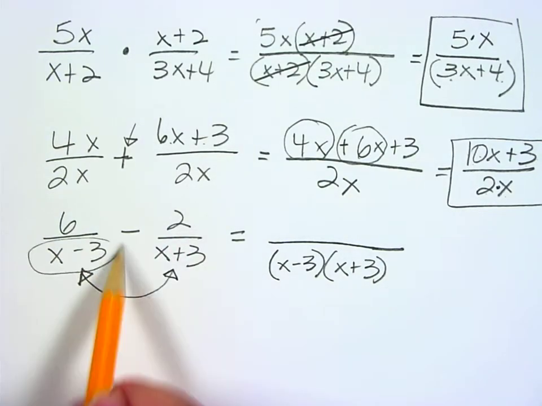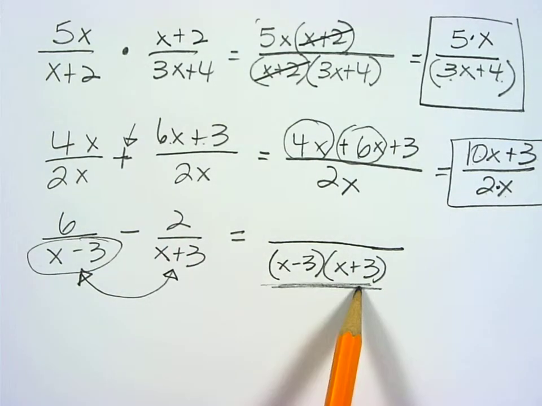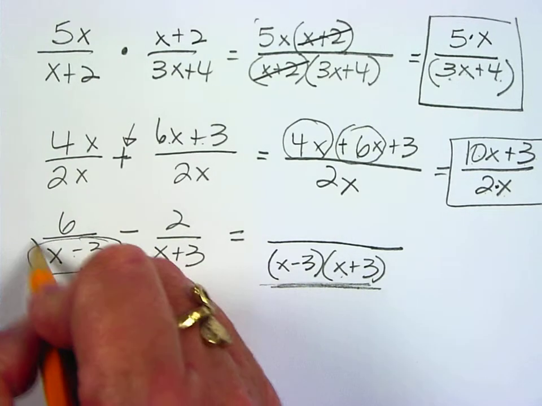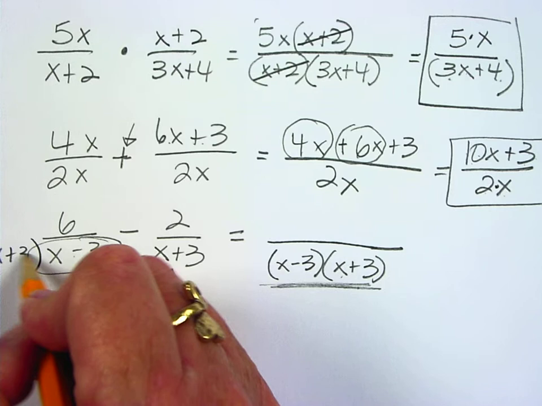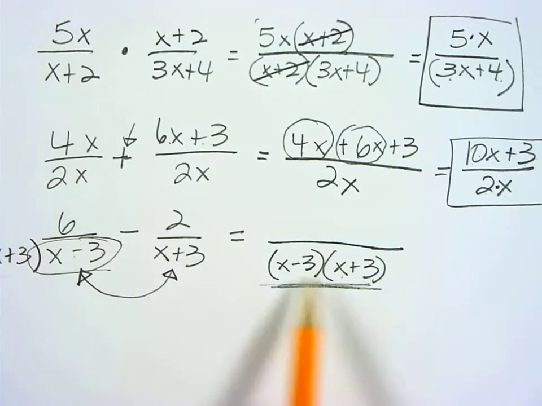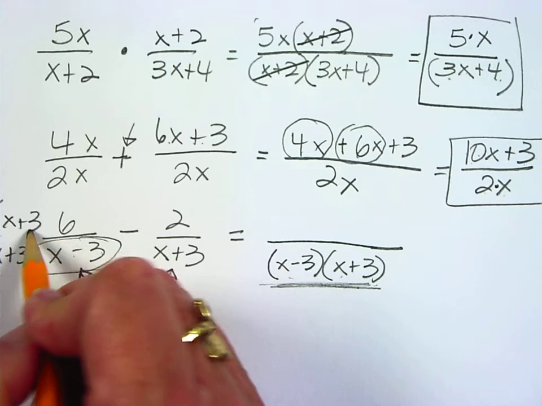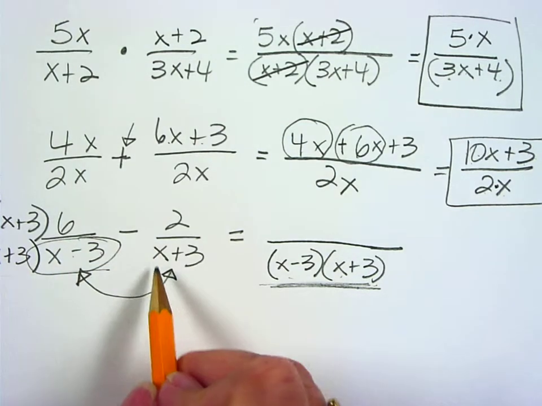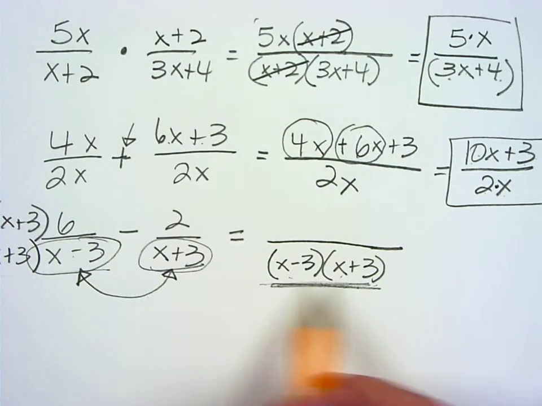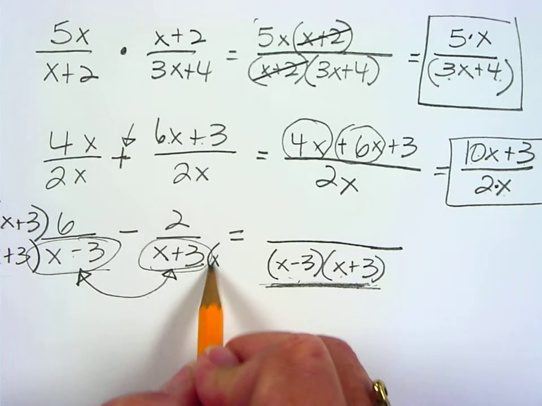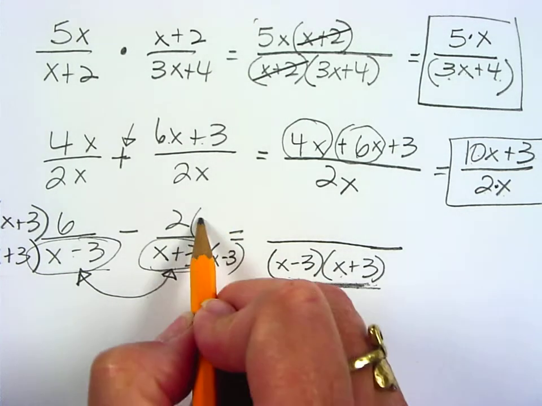Well, how does this become this right here? You multiply this times x plus 3, and that will give you this denominator. If I do it to the bottom, I have to do it to the top. How does this look like this? You multiply x plus 3 times x minus 3. And if I do it to the bottom, I do it to the top.